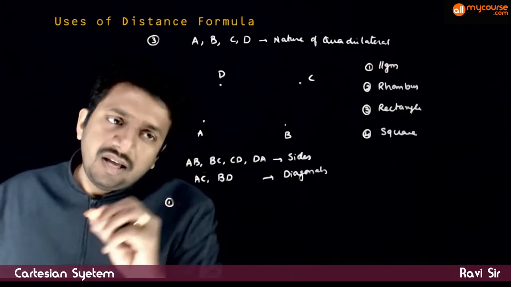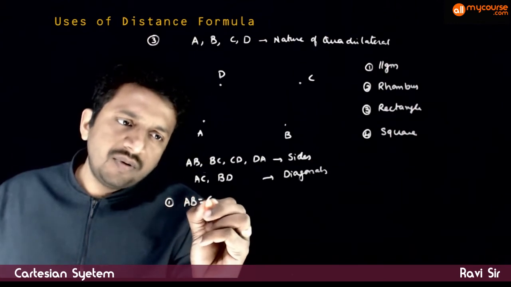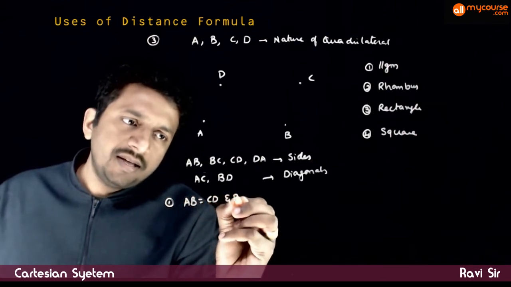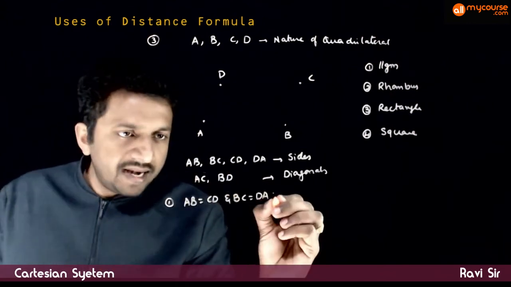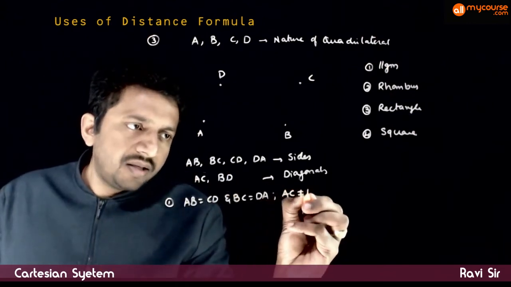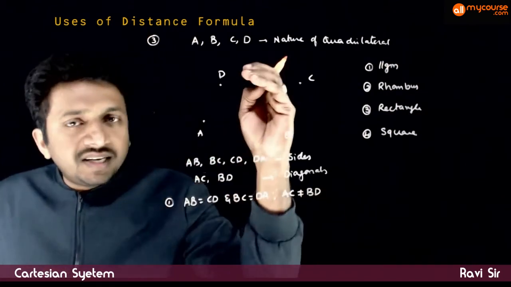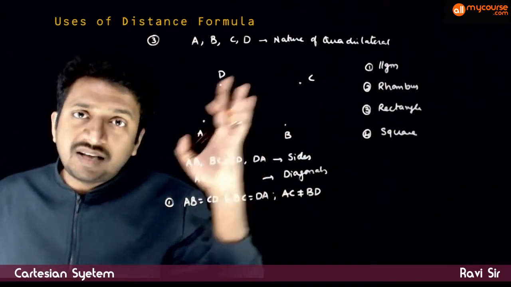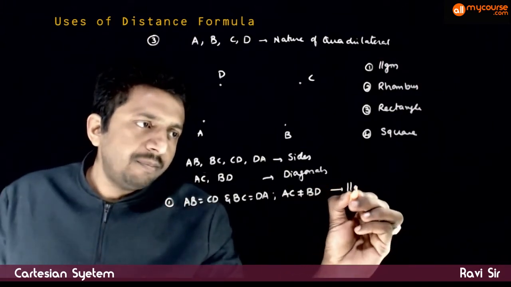First, if the opposite sides are equal, if AB is equal to CD and BC is equal to DA, and the diagonals are not equal, then the figure is a parallelogram.